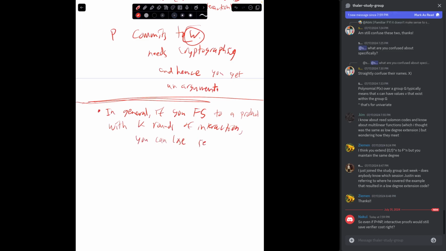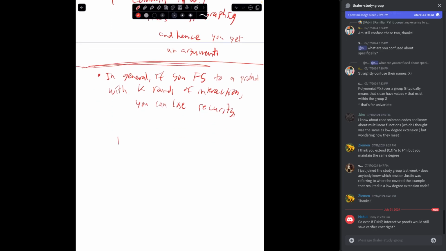Let me tell you exactly how much security you can lose. If the soundness error pre-Fiat Shamir is 2 to the minus lambda, so lambda bits of security, then post Fiat Shamir you might have as little as lambda over k bits of security.